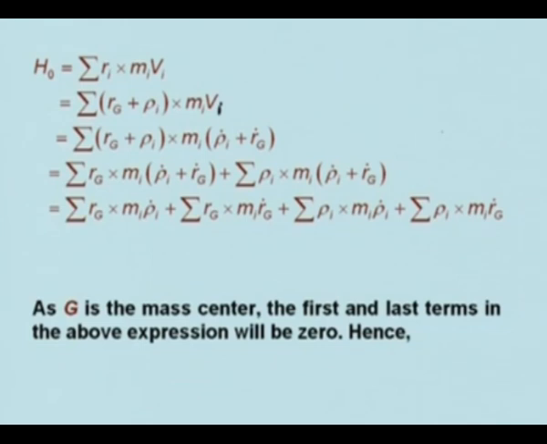Now as G is the mass center, the first and last term in the above expression will be 0. Rg cross, Rg is a constant, cross Mi rho dot I is 0 because it is about the mass center. You are taking the rate of this one, the moment of mass.